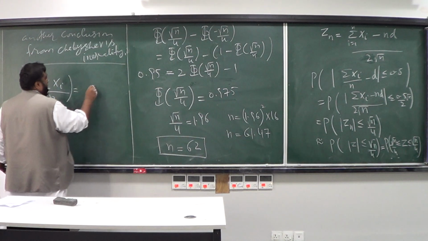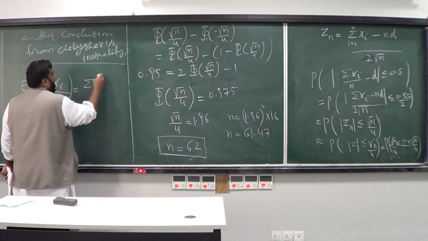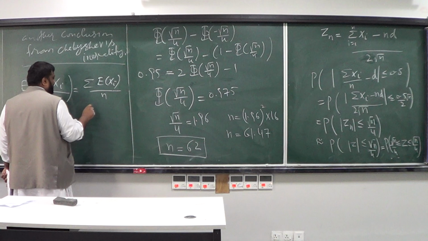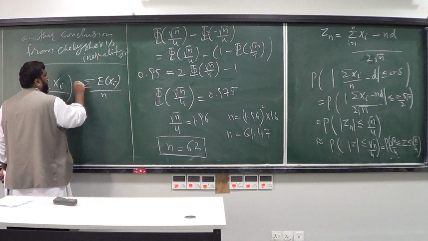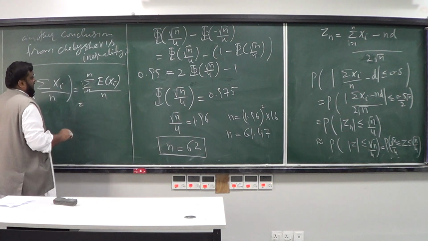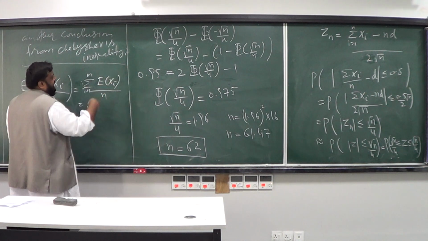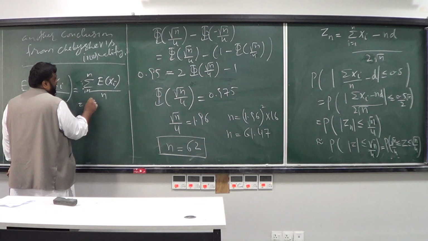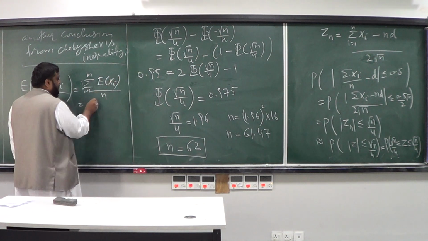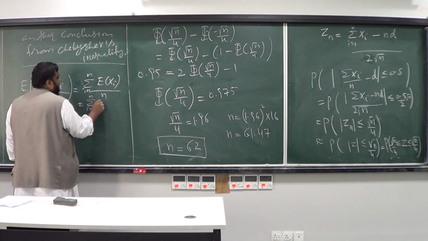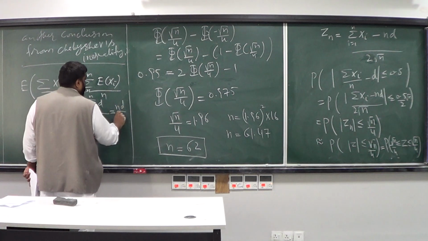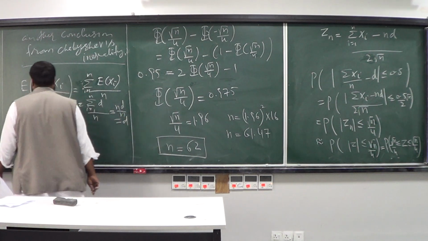Then this would be the same as the sum of the expectations of xi divided by n, where i goes from 1 to n. I know that this expectation is d, so it's summing up d, the actual distance, divided by n. So this becomes nd by n, which is equal to d.